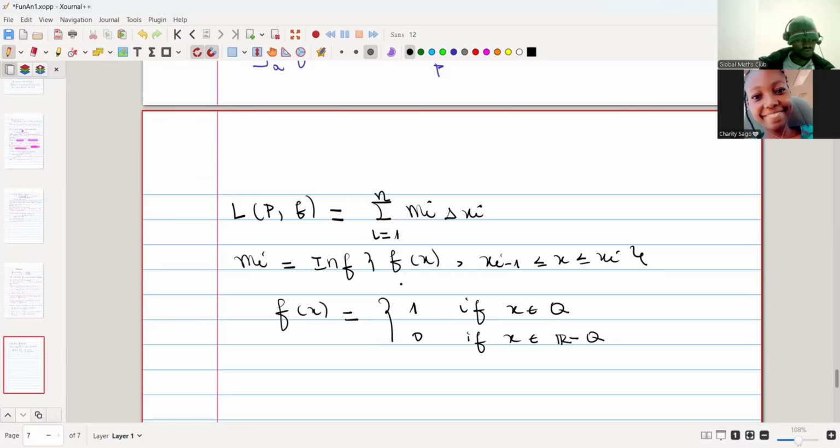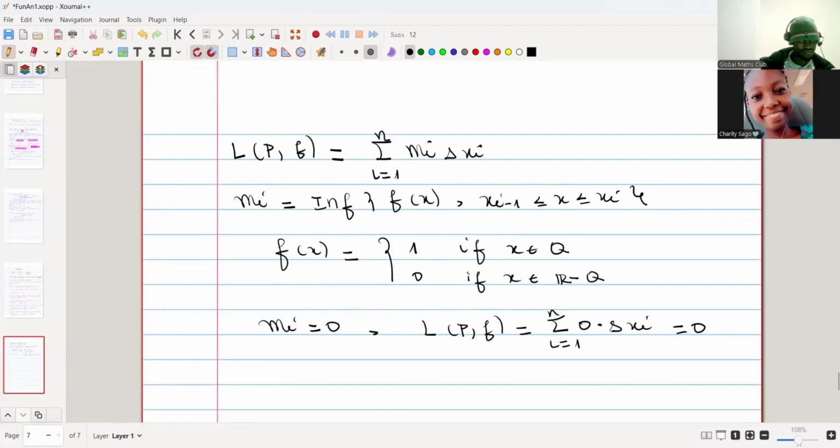Yes, the lowest value of f is 0. So mi is just 0, right? So you conclude that LPF is equal to the sum of 0 times delta xi, which is 0, right? Okay.